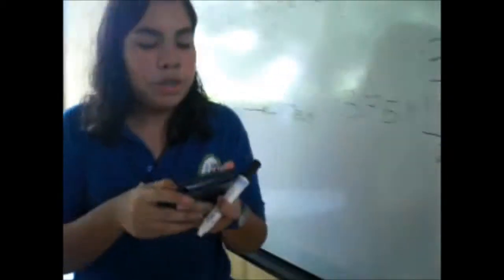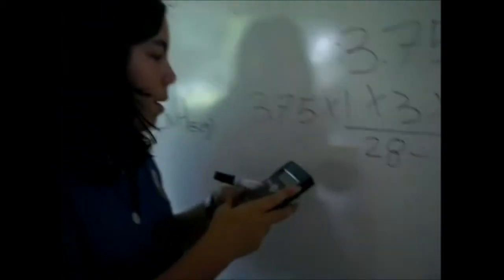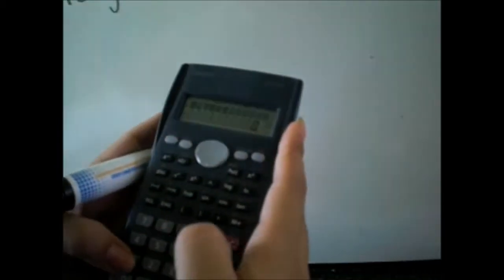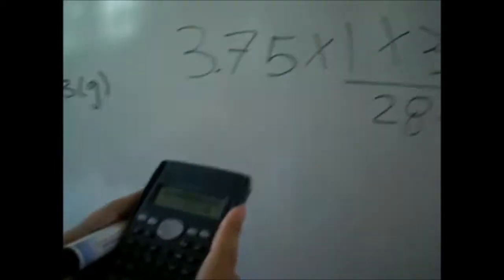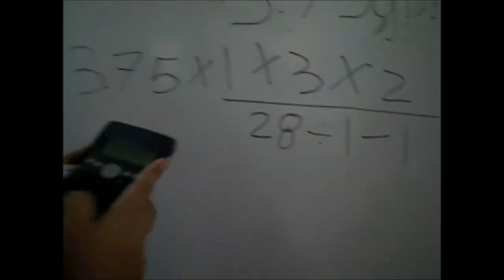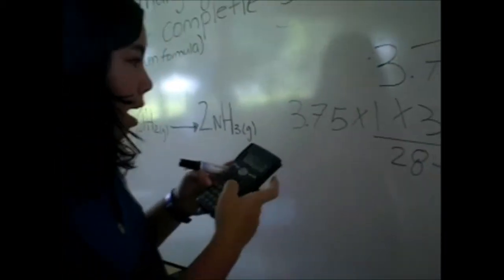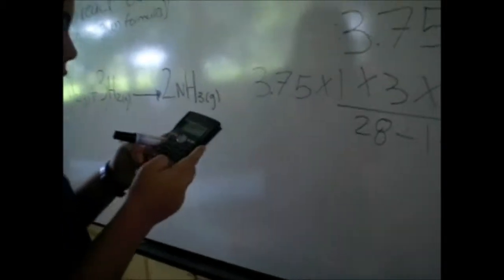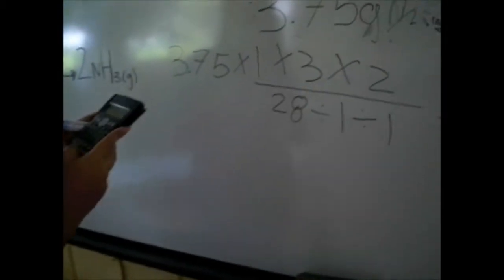So we put 3.75 times 1 times 3 times 2. And you divide by 28, divide by 1, and divide by 1.